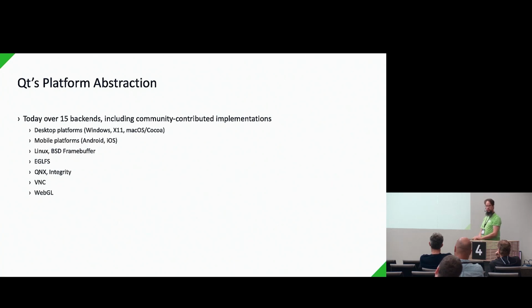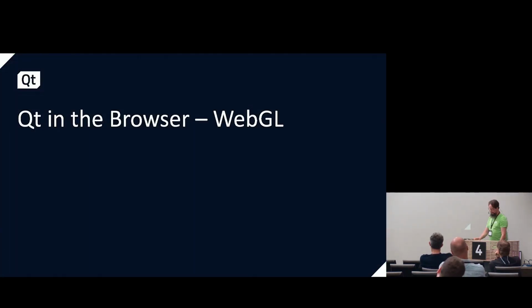Okay, Qt and WebGL. That is actually pretty cool. That's something I would like to show. Qt in the browser. All right, let's end the show because otherwise you don't see anything.